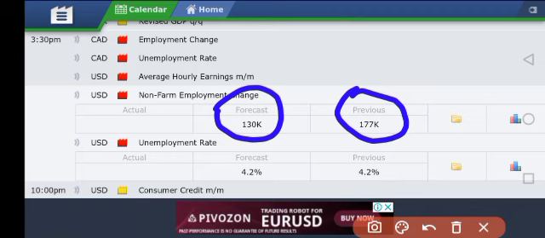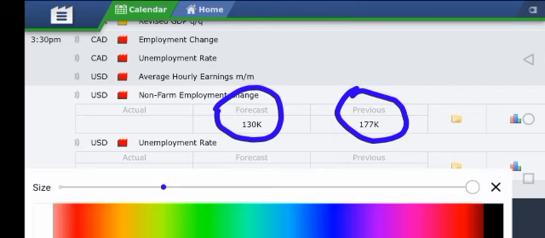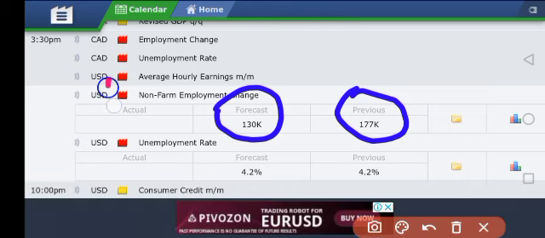Like USD JPY, I hope it will sell based on fundamental data, whereas GBP USD, Euro USD, ZAD USD, and all different pairs with USD as quote, they will buy. So that is my expectation, and this is simple analysis.